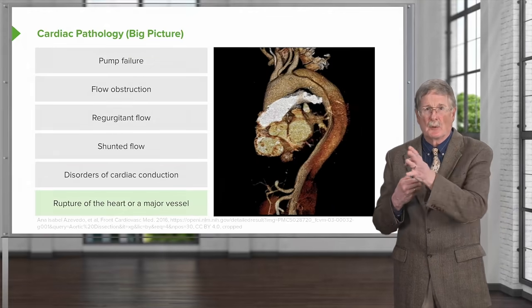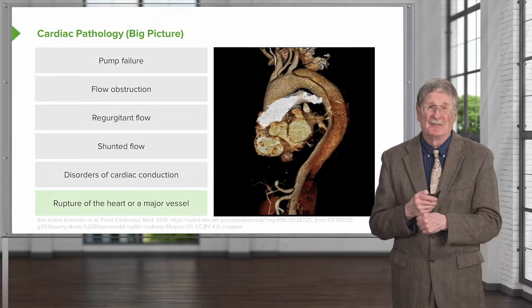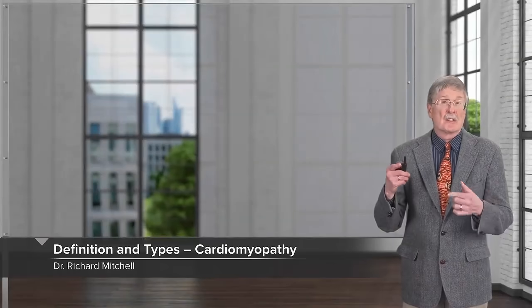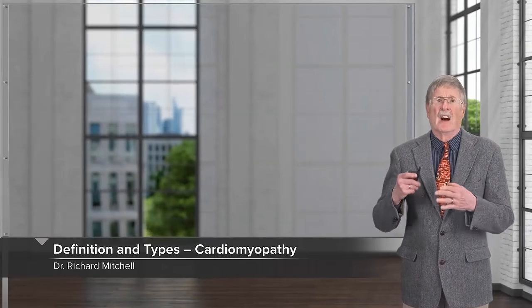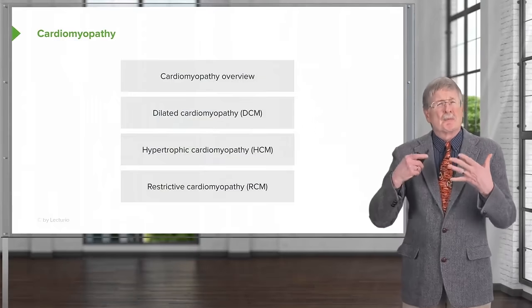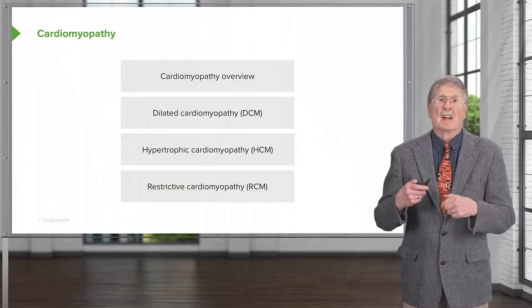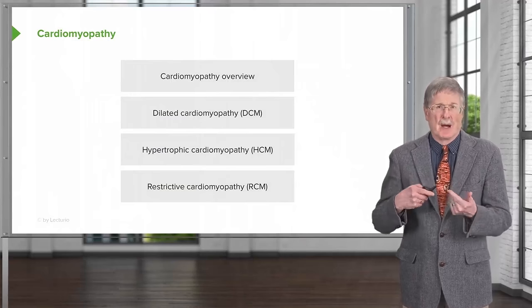And now in the subsequent talks that we're going to have together, it's just going to be interesting details. We're going to talk about a rather large but very important topic of basic heart muscle disease, or cardiomyopathy. We're going to do an overview, and then we will talk pretty much in three little bins, or three larger bins, about the various forms of cardiomyopathy.